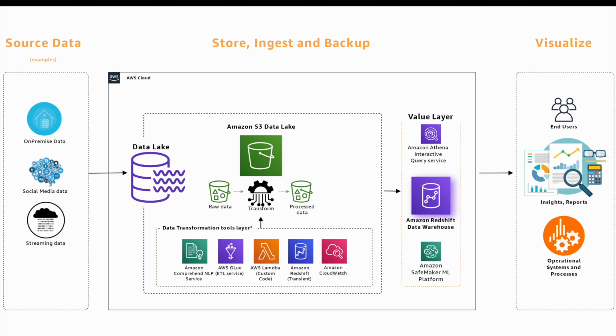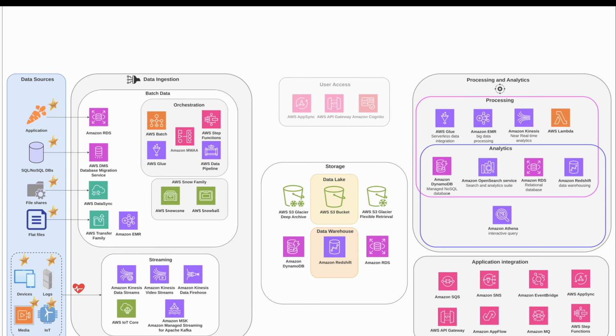Okay, look at the user access. AWS AppSync. This service allows developers to create scalable and secure GraphQL APIs. In terms of user access, AppSync integrates with Amazon Cognito to manage user identities and access, ensuring that only authenticated and authorized users can access the API and that data. API Gateway.